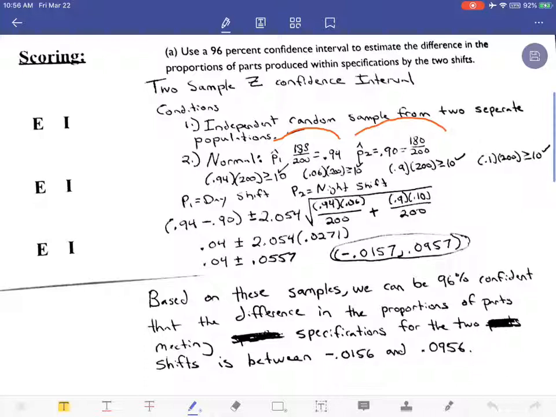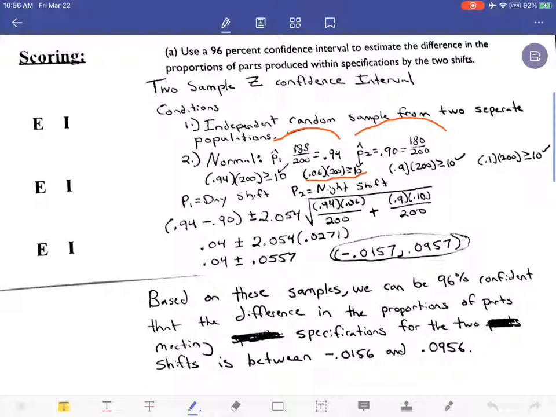All right, and as you can see, all those are greater than or equal to 10. The closest one to 10 was this one right here. It came out to 12, but still greater than 10, so all those check out. So we know that our samples came from independent random samples, and also, because the normal condition was met, we know that the sampling distributions will be approximately normally distributed.